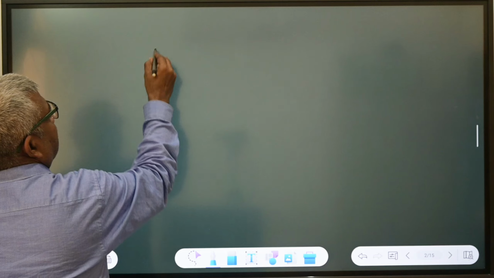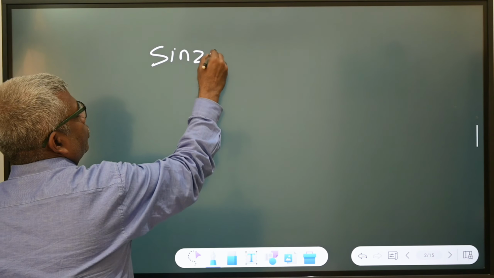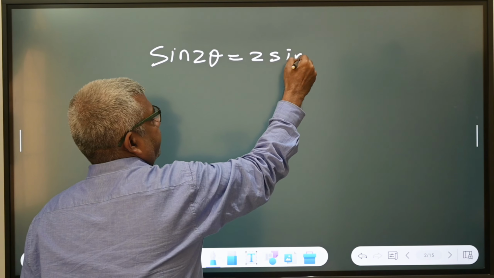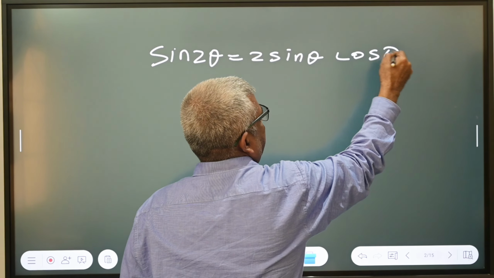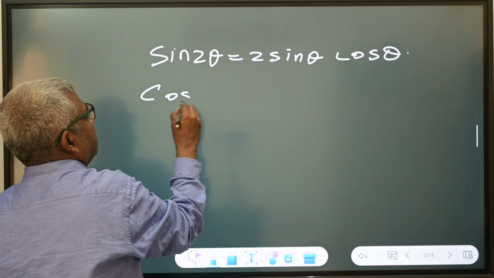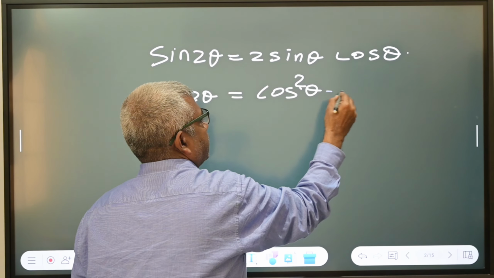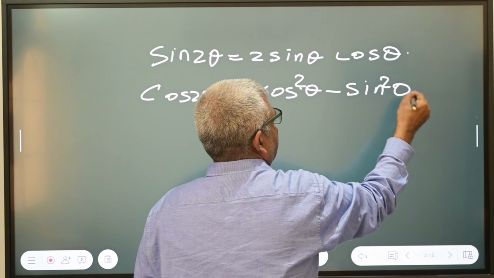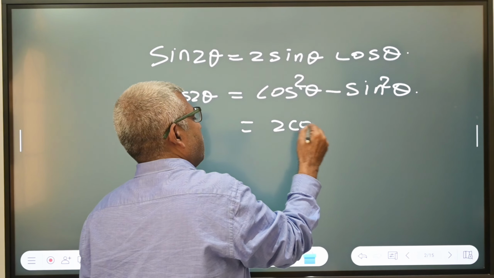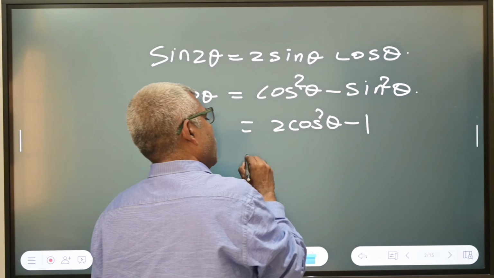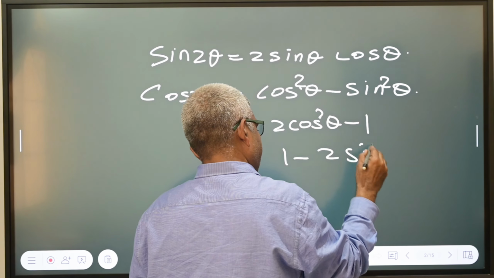And another trigonometric formula, sin 2 theta equal to 2 sin theta cos theta. Cos 2 theta is cos square theta minus sin square theta, 2 cos square theta minus 1, 1 minus 2 sin square theta.